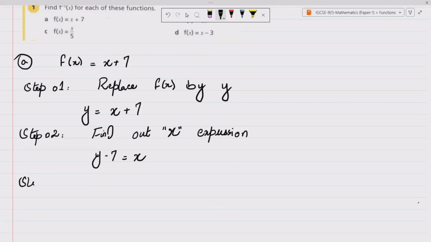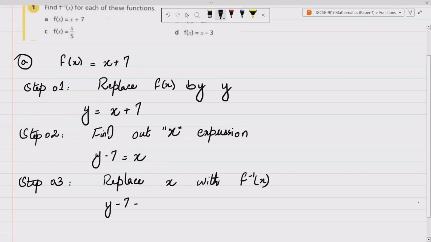Step 3, just the replacement. Replace x with f inverse of x. So y minus 7 is equal to f inverse of x.